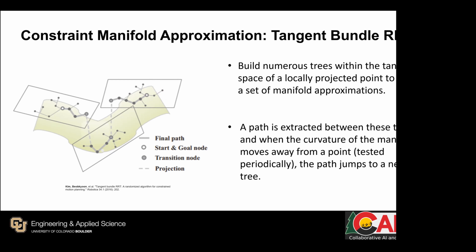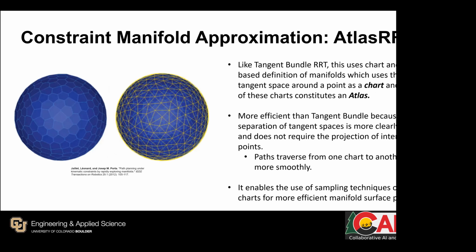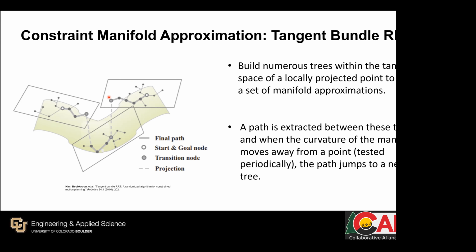And so by doing this, you can create a sequence of tangent spaces in which you're building trees that you then transition to another tangent space, build your trees efficiently, transition to another tangent space, and build your tree more efficiently.